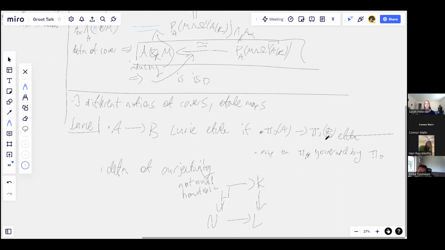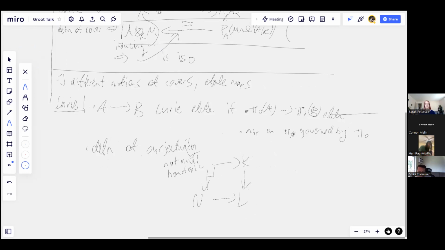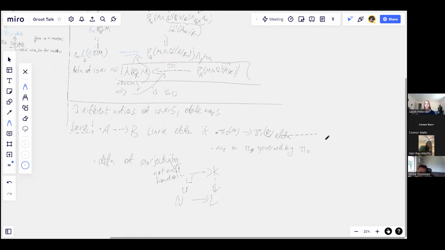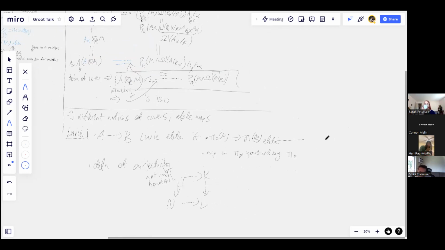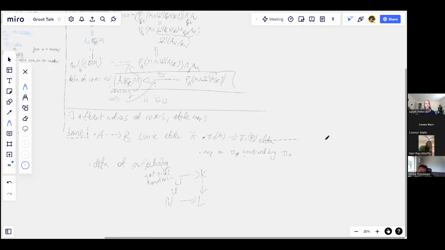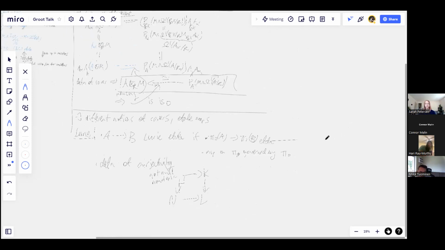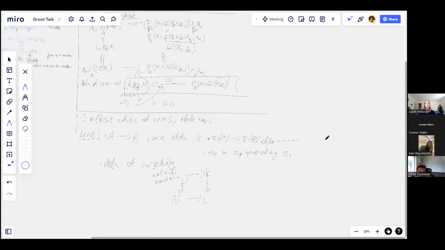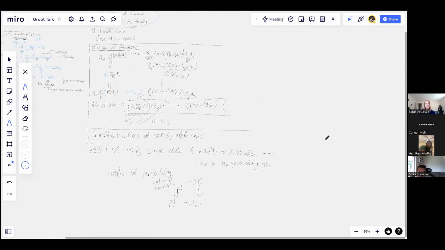Okay. So Lurie has this definition of a cover. Lurie's definition is governed a lot by pi naught. My thing deals with rings that are more general than just being governed by their pi naught.